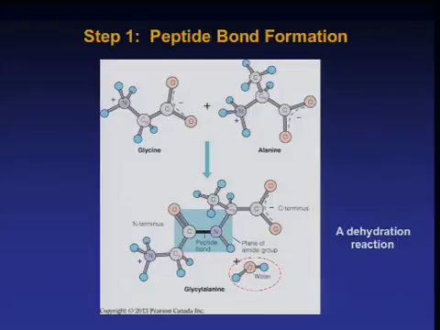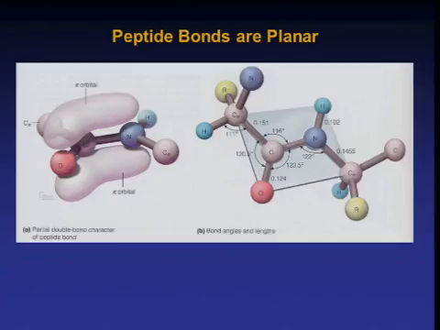This bond, and you'll see it in a lot of the figures, you have this shaded area. What is that meant to imply? It's planar, all right? When you look at these peptide bonds, if you draw this out, you don't have to worry about all of these angles, and we're also going to talk a little bit about rotations.